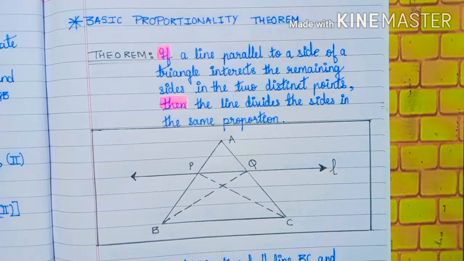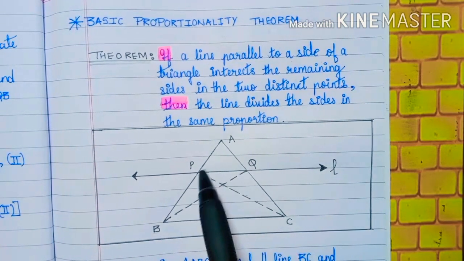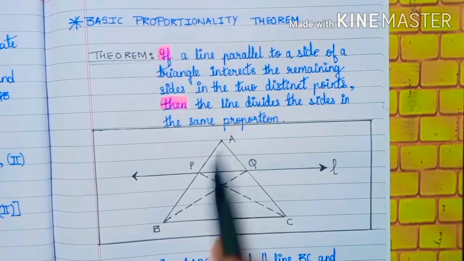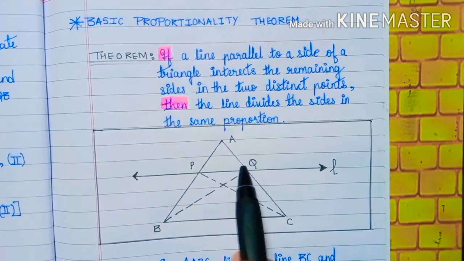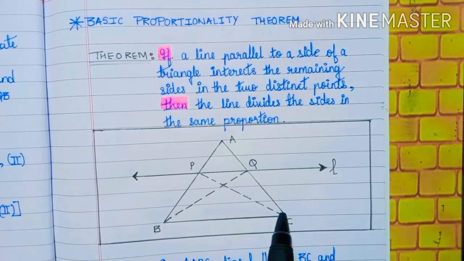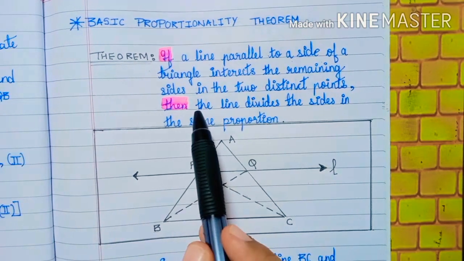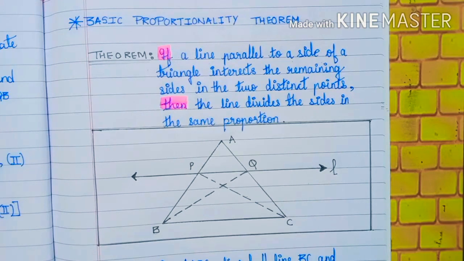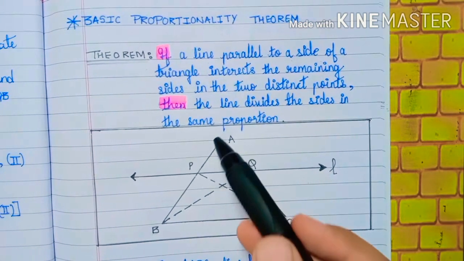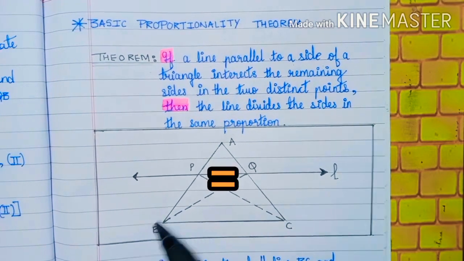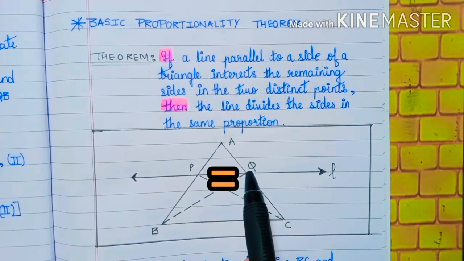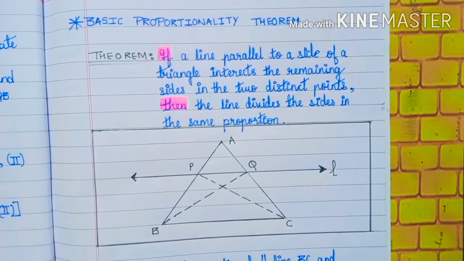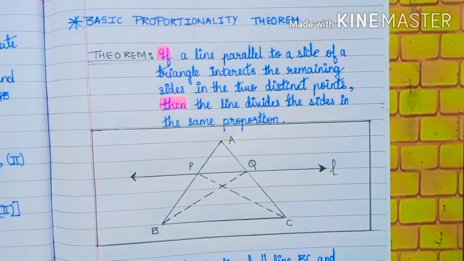It will divide it in the ratio AP upon PB for side AB and AQ upon QC for side AC. It is telling us that the line divides the sides in the same proportion. So we come to a conclusion that we need to prove AP upon PB equal to AQ upon QC. So we have now understood what is the given and the to prove part.